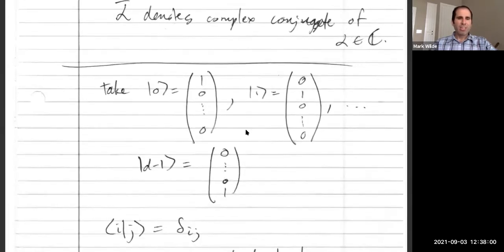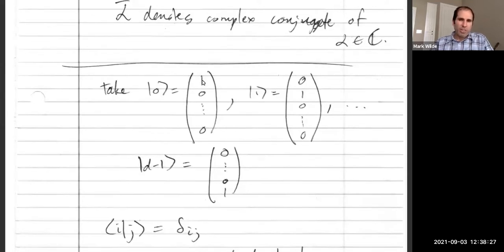What are some basic vectors that we'll be using throughout the course? It's these ones. This is often called the standard basis or the computational basis. And we count from 0 because we're thinking in terms of computing, like in computer science, you often start counting from 0.